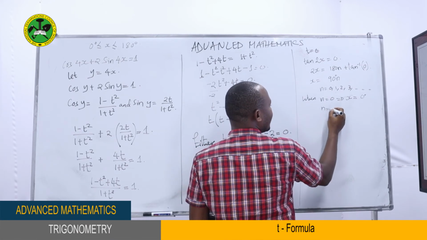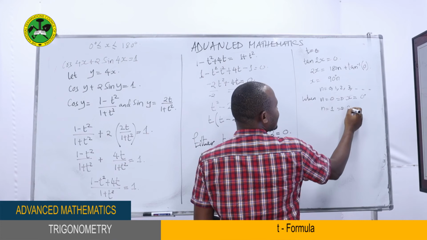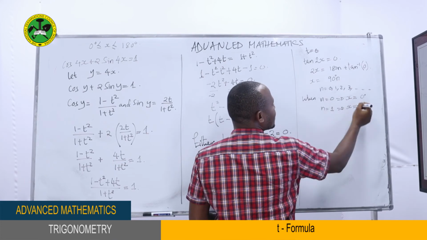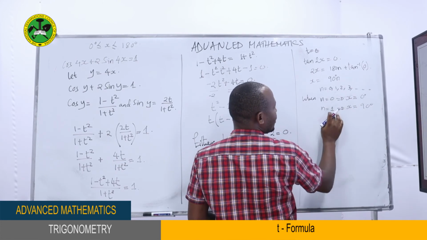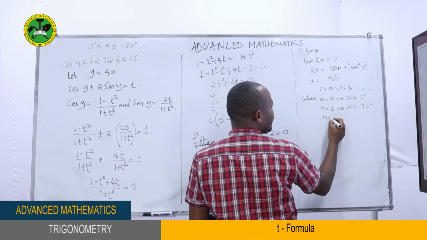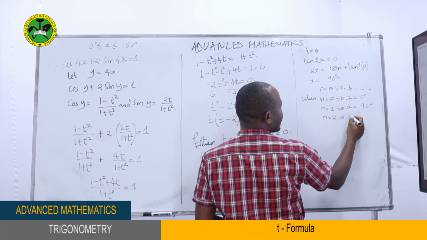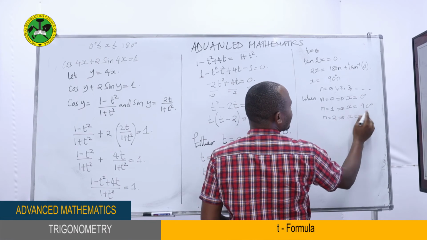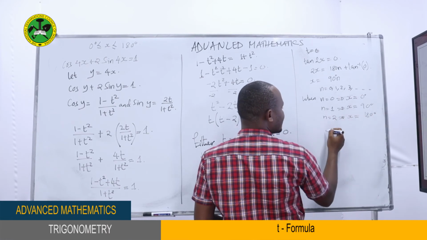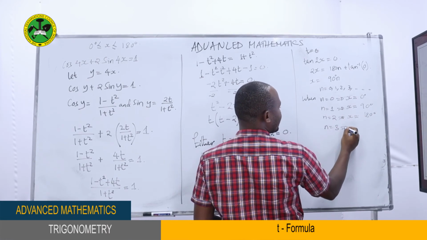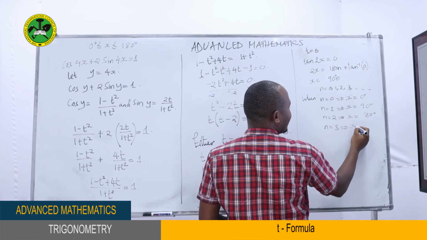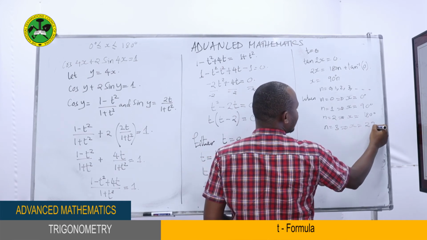And when n is equal to 1, it implies that x equals 90. You just multiply your n there. Then when n is equal to 2, x is equal to 180 degrees. When n is equal to 3, x equals 270.